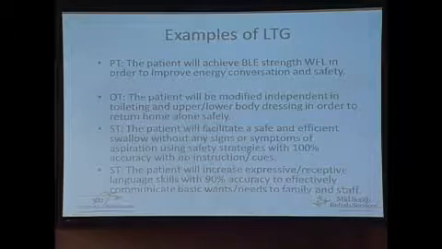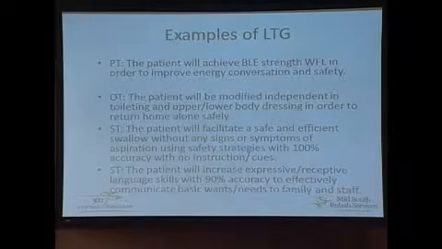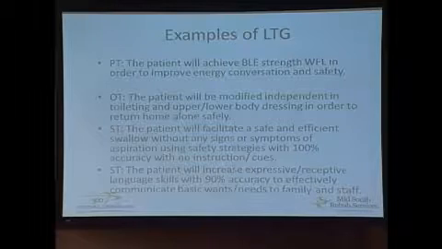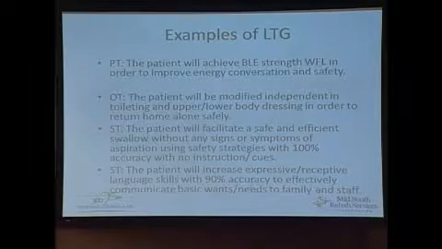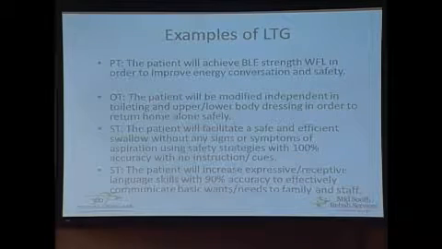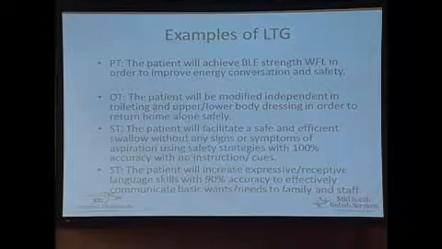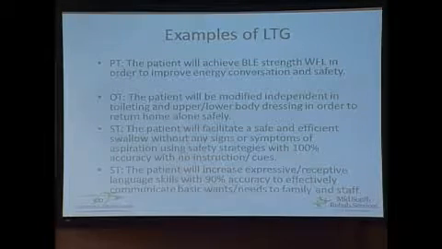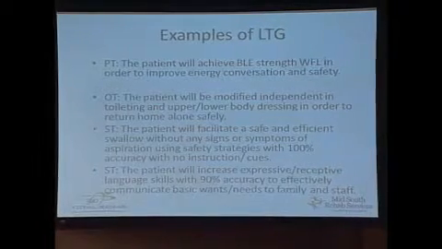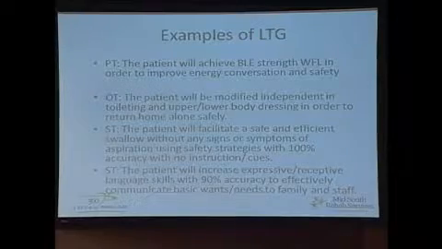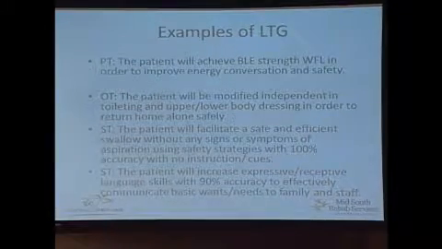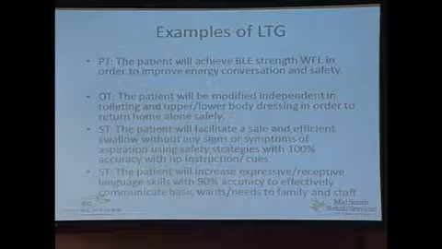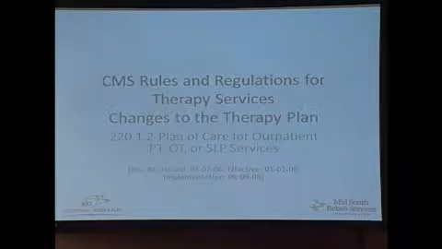So for PT, the resident will achieve bilateral lower extremity strength within functional limits in order to improve energy conservation and safety. OT, the patient will be modified independent in toileting and upper-lower body dressing in order to return home alone safely. Speech, the patient will increase expressive receptive language skills with 90% accuracy to effectively communicate basic needs and wants to family and staff. Just some examples of some long-term goals.